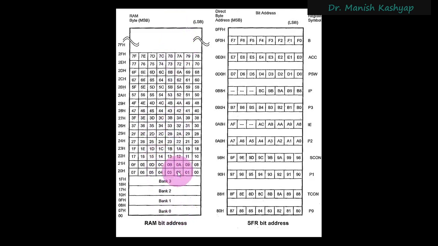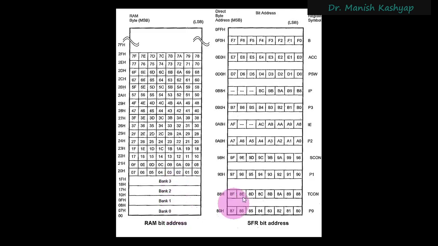However, in the same hardware, you have some special function registers which again occupy 128 locations, and they are also part of the same hardware, right? But when we say RAM, we generally refer to the first area, and this is 128 bytes.